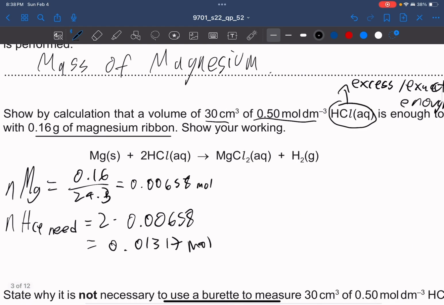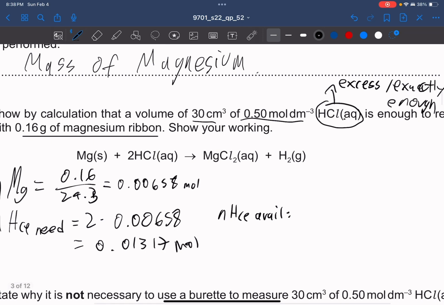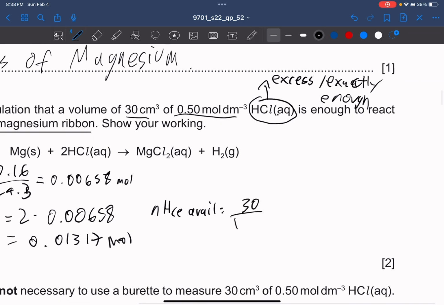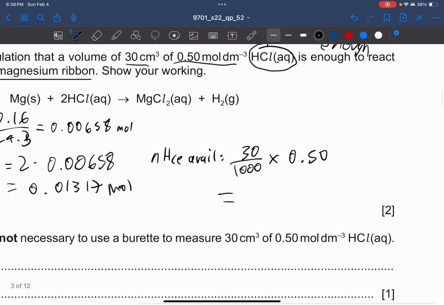Now we have to calculate the amount of HCl available, which is just 30 over 1000 times 0.5. So we have 0.015 moles. So this is actually in excess.